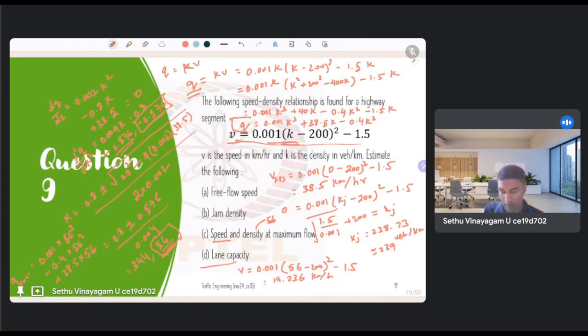Okay, so that is the maximum flow, which is 1077.216, approximately 1078 vehicles per hour. Okay, so that is the maximum flow.